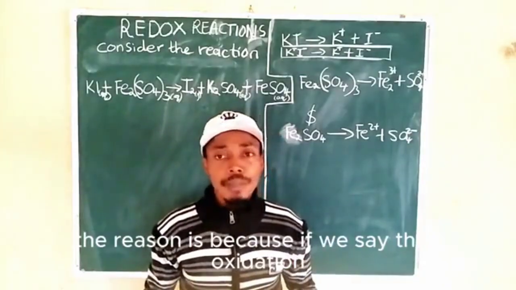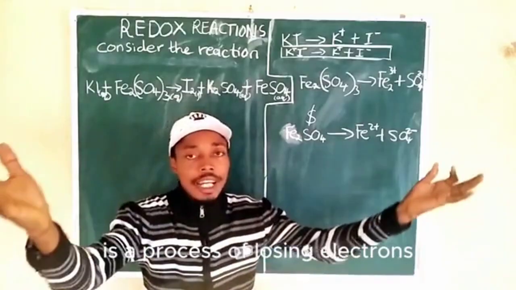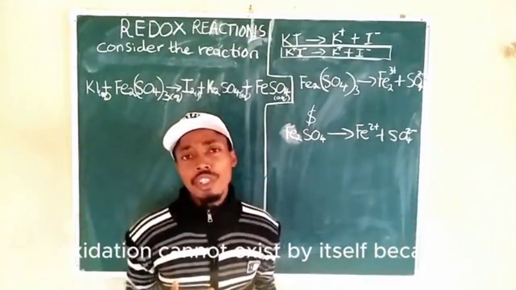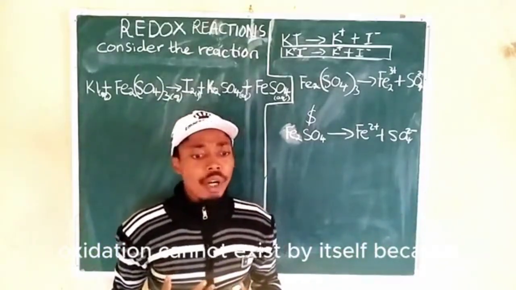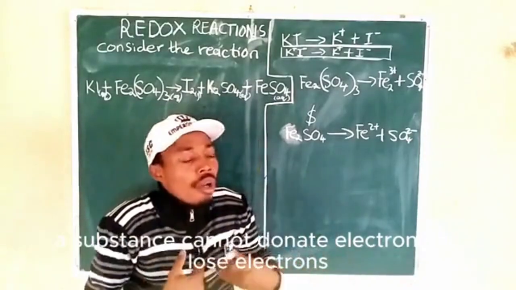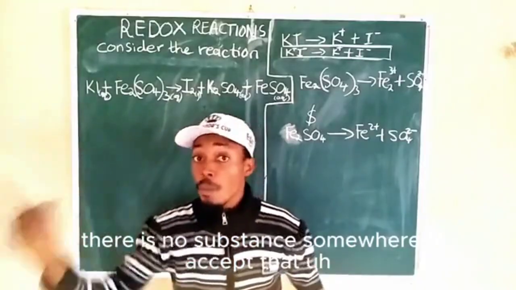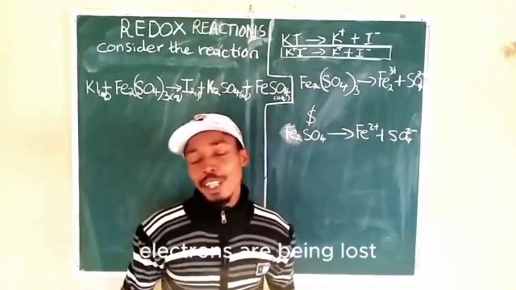The reason is that if oxidation is a process of losing electrons, it cannot exist by itself, because a substance cannot donate or lose electrons if there is no substance somewhere to accept the electrons being lost.